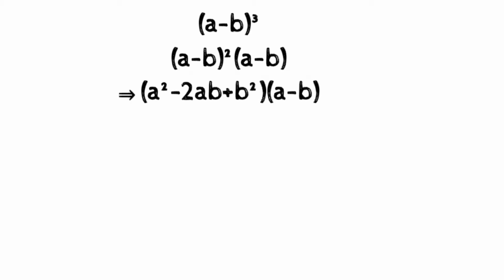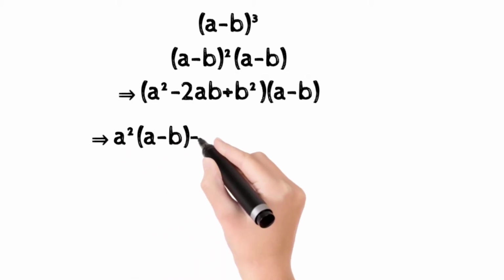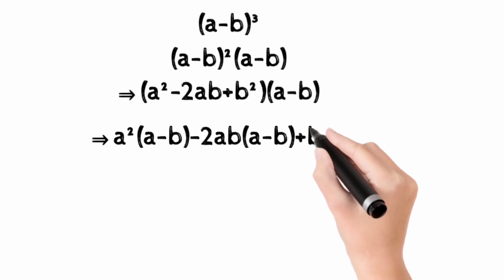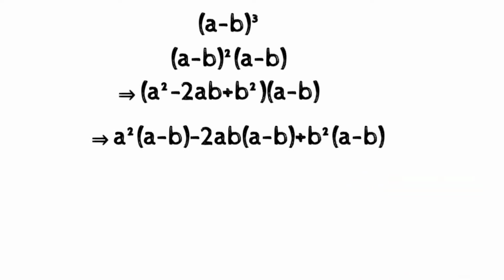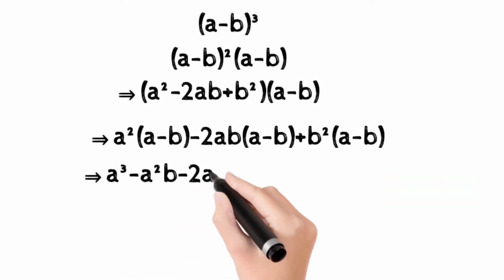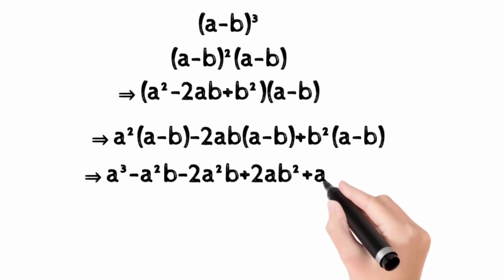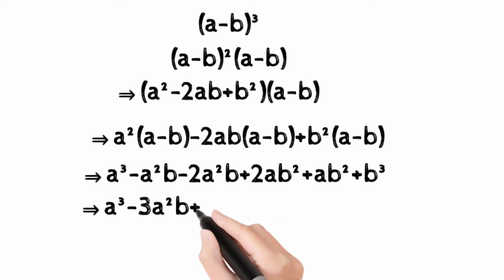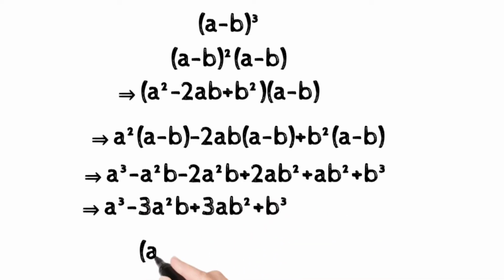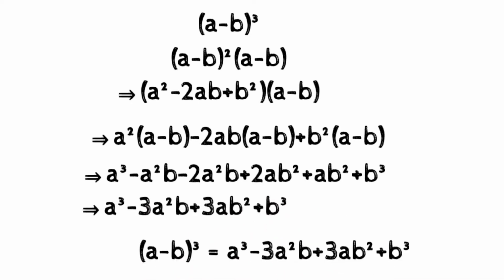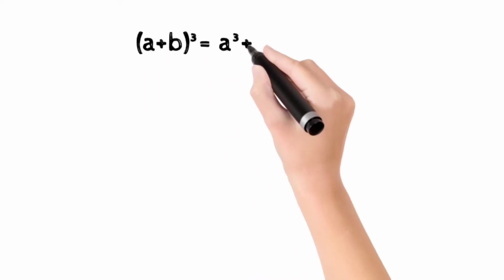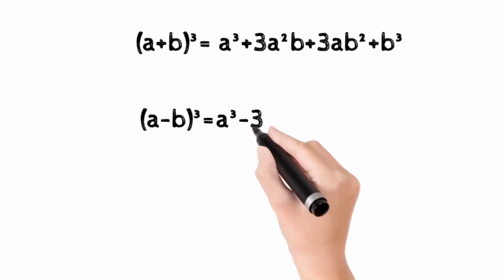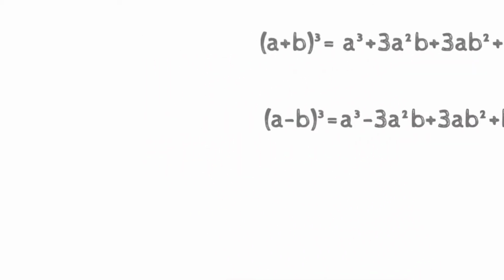Then by using simple algebraic multiplication, we multiply the first polynomial with the second polynomial, and by doing the same procedure as we did in the previous formula, we get this identity: (a minus b) whole cube is a cube minus 3a square b plus 3ab square minus b cube. So we have proved both identities.